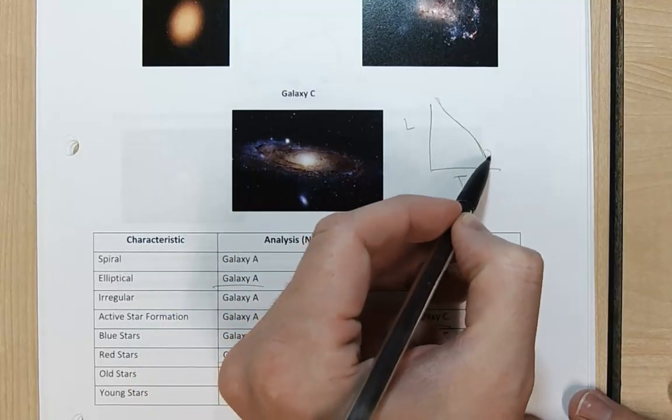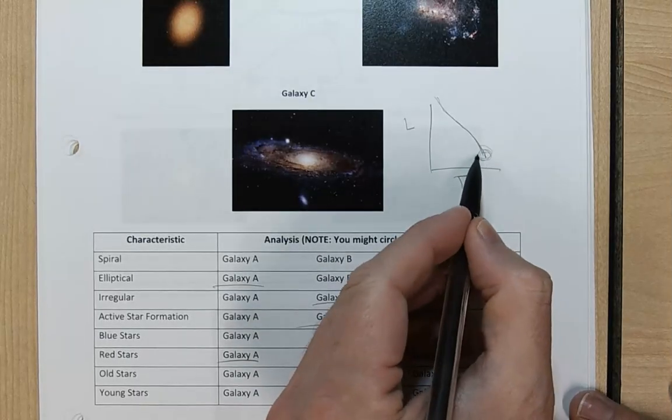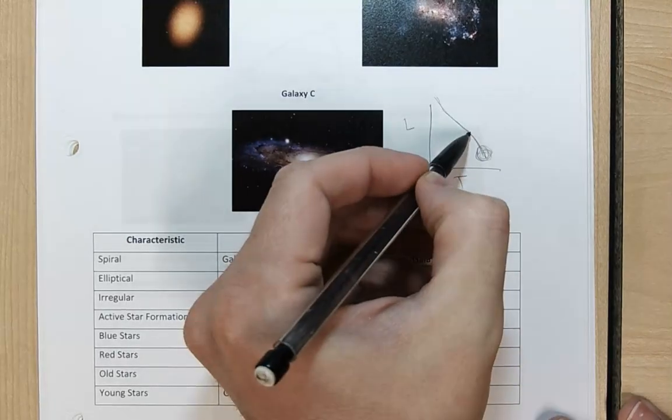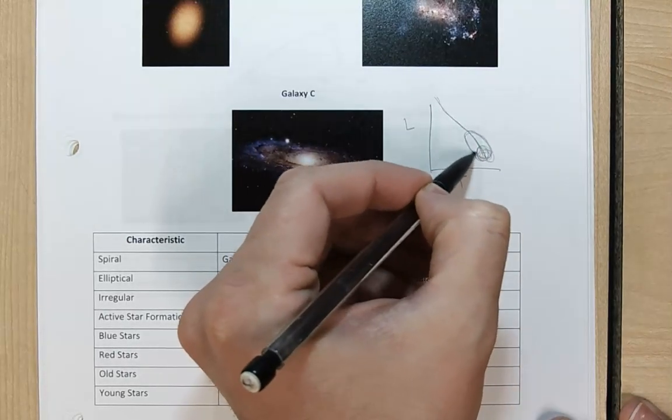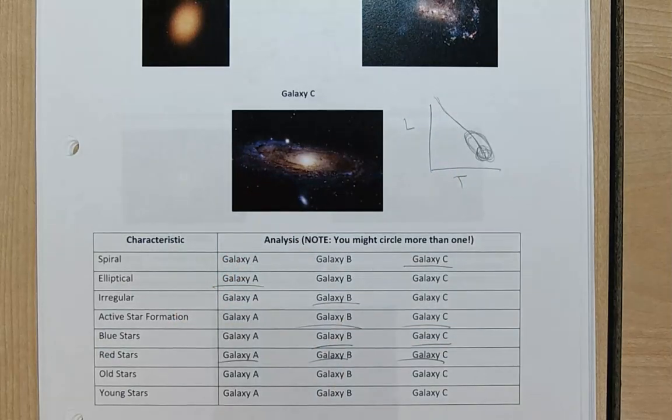The red stars are the low mass ones, and they live a long time. These low mass, cool red stars have the longest lifetimes. So you're looking at an old population of stars if all the yellow, orange, and red stars are still alive, but all the hotter, higher mass stars are dead already.